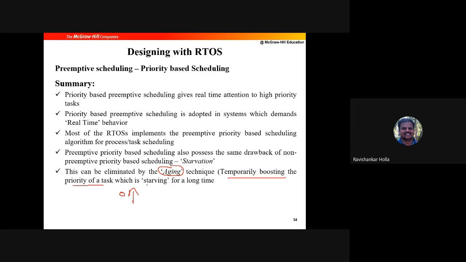So every task which comes to the ready queue should have a timestamp at which it has entered, that is, what is its waiting time? If its waiting time keeps increasing, that means it is starving. So this starvation can be solved by the aging technique, wherein temporarily you increase the priority to the highest, and then get the job done.